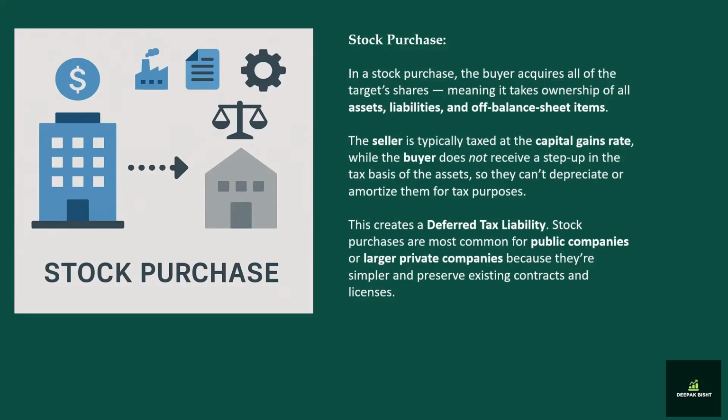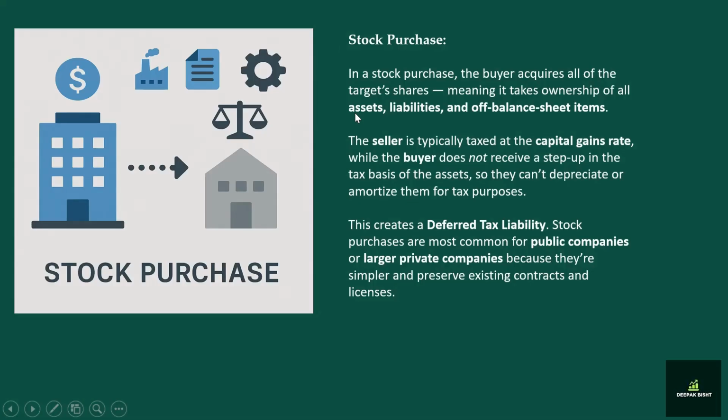If the company owns a building which is now worth more than when it was bought, the buyer cannot start depreciating it again. This means fewer tax deductions going forward when a stock purchase deal is done.